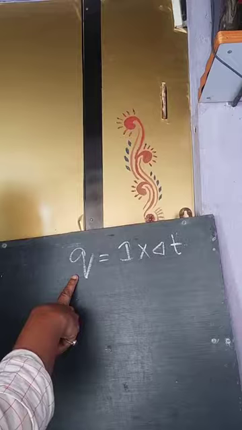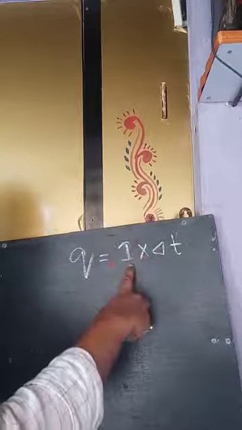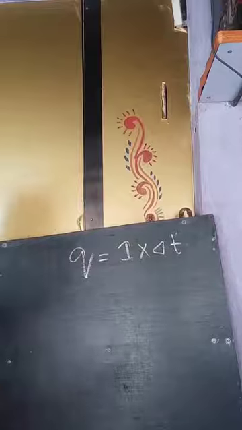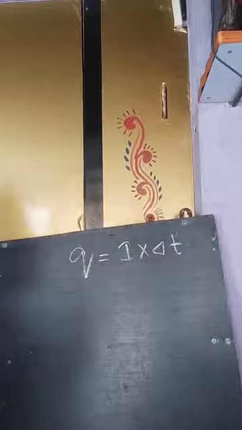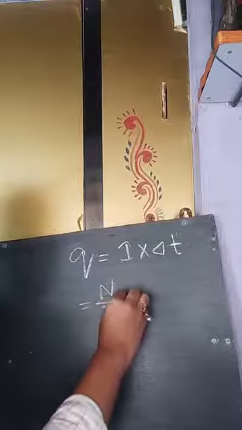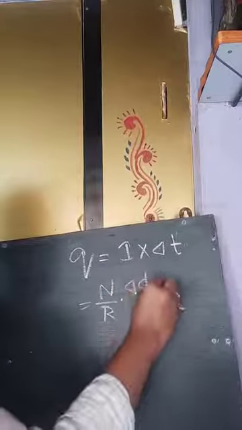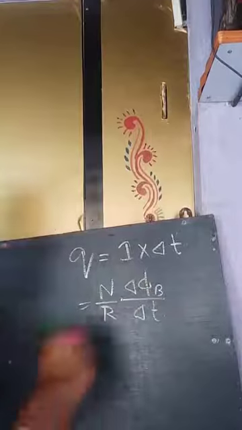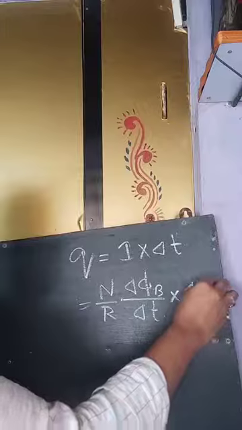Basically, charge is the amount of current flowing through the circuit in the time interval delta t. We already know the expression of I, that is N by R into the change of magnetic flux in the time interval delta t, into delta t.